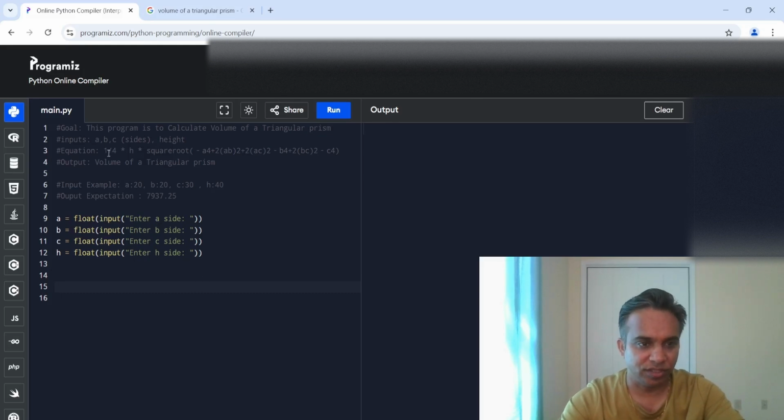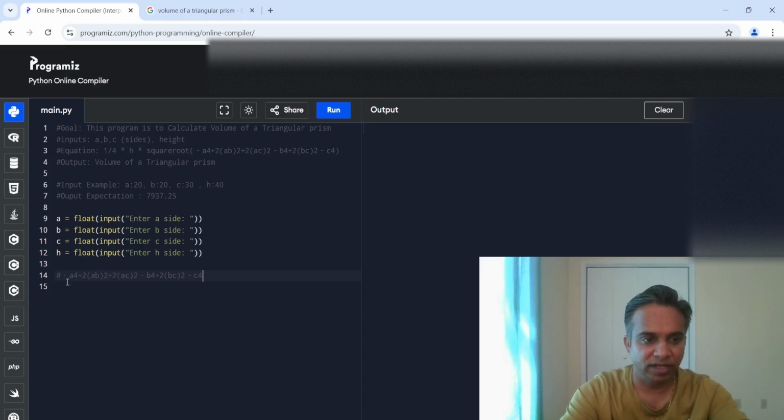Now comes the equation. This will be a big equation. We can do it in one line, but to make it easy for readability, we can do it in 2 steps. We can first calculate this part and then use it in the second equation.